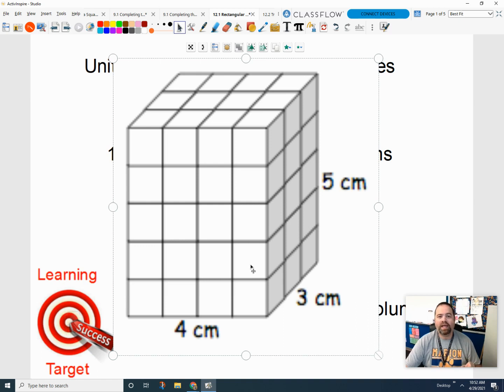The reason is that rectangular prisms, triangular prisms, and cylinders are all pretty much the same idea. Pyramids and cones, all pretty much the same idea. They're different shapes, but how we approach this is going to be very similar between rectangular, triangular, and cylinders, and then pyramids and cones.